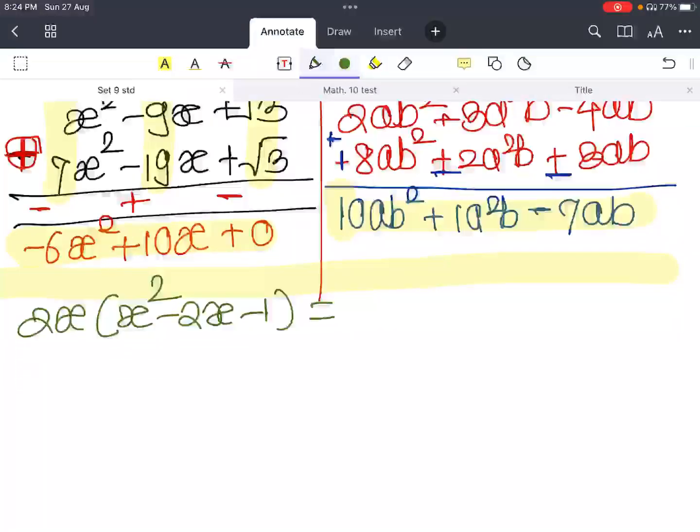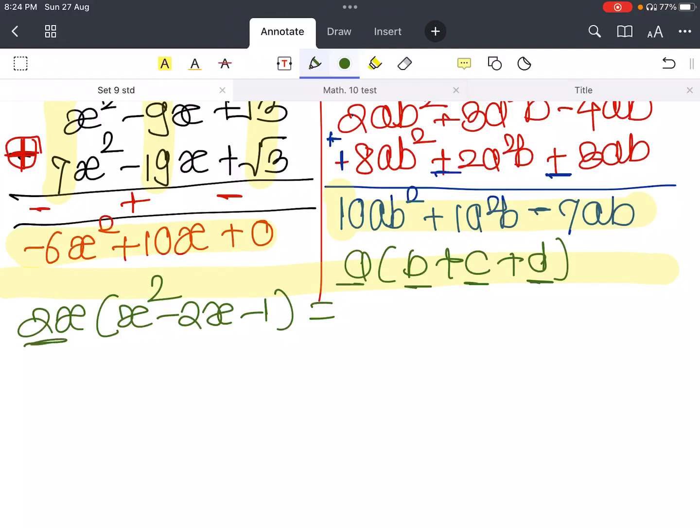As per the previous one, this is the formula. If you observe the formula, it looks like a into bracket b plus c plus d. Clear? So a is multiplied with b, with c, and with d.